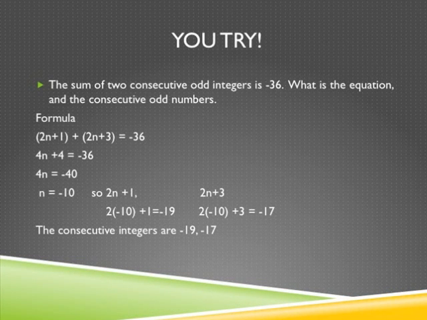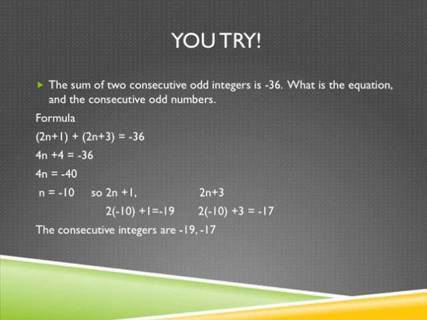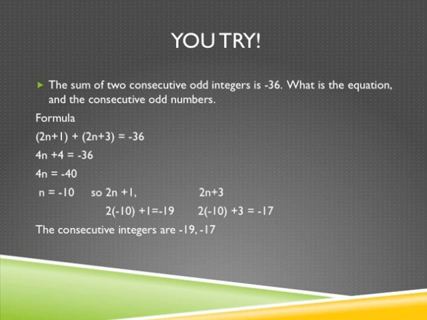Okay, so let's look at the problem you tried. The sum of two consecutive odd integers is negative 36. What is the equation and the consecutive odd numbers? The formula for the two consecutive odd integers is 2n plus 1 for the first term and 2n plus 3 for the second term.